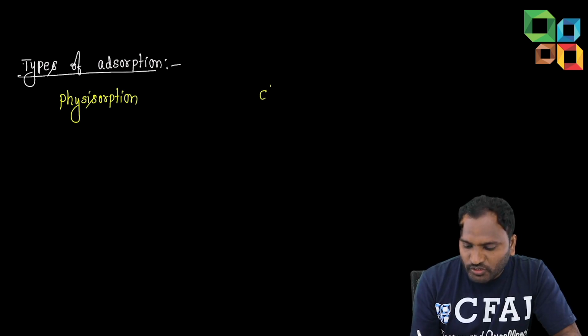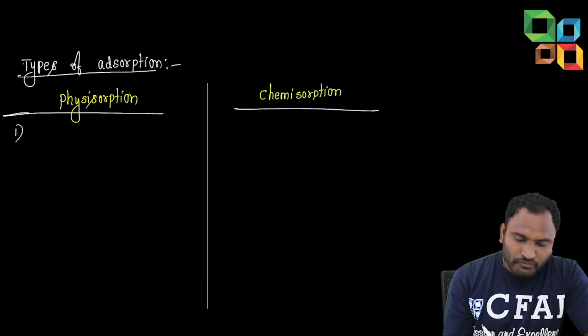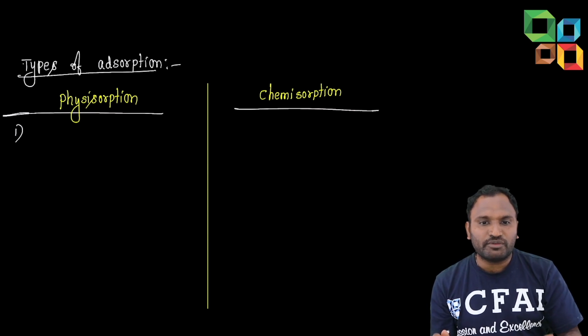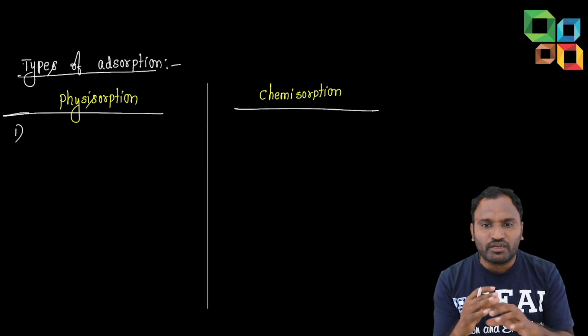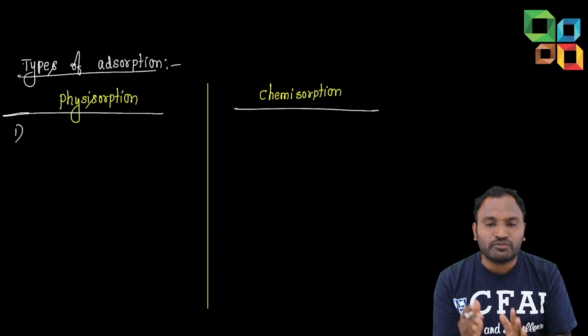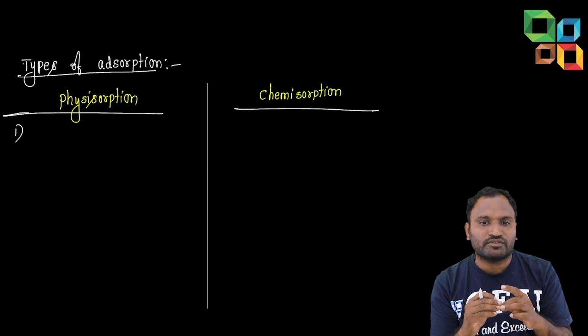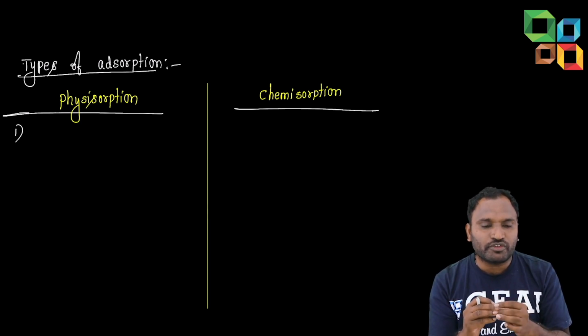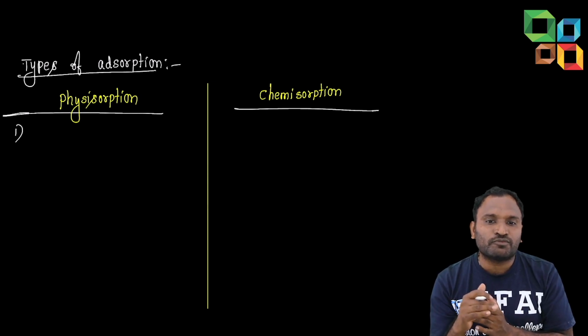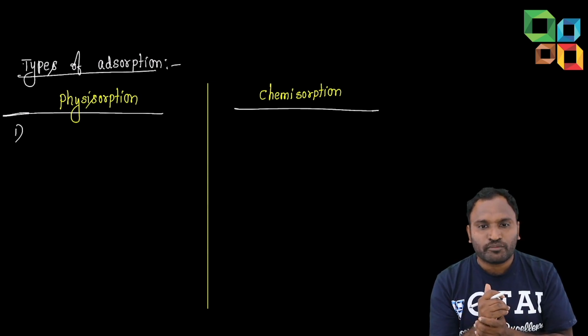Another one is chemisorption, or chemical adsorption. In physical adsorption, from the name itself we can make out, there is no chemical bond between dispersed phase and dispersion medium, just a physical force of attraction. That force of attraction is called van der Waals force of attraction.